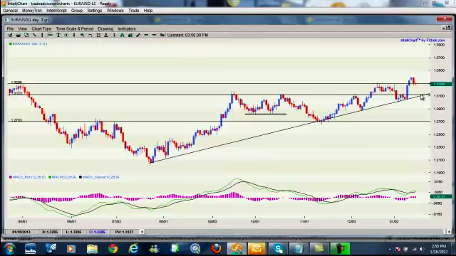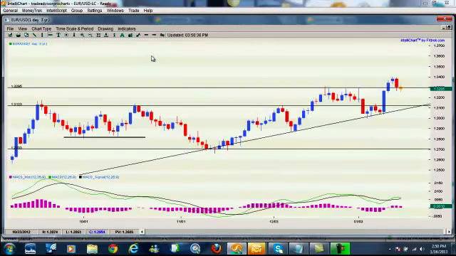Then I would be wanting to put my stop. Let's see here. Let's zoom in a little bit more. Okay. I'm going to be wanting to put my stop below these lows here, which is also below the trend line. Okay, so we have two layers of support. We have this layer of support, which is the trend line, which is working its way up, and these lows below the 3 level.